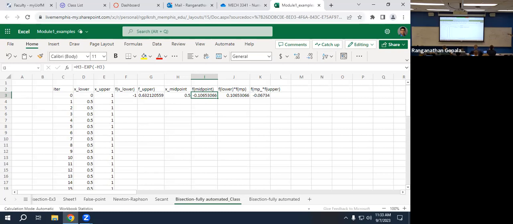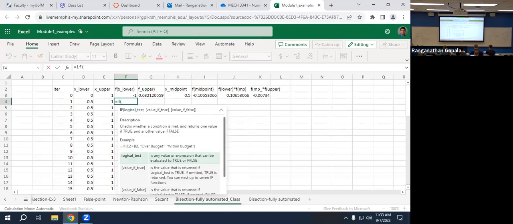Okay, so now let's implement that here. You have the first line already done, and I have f lower multiplied by f midpoint. This is what I need. Now to get my next statement, I'm going to write if this product, f of x lower multiplied by f of xm, in my spreadsheet, that is J3.